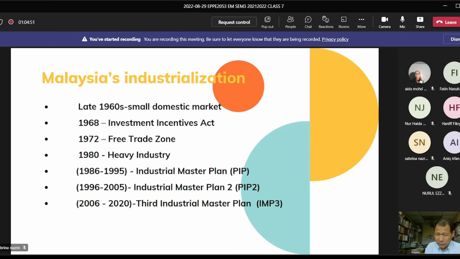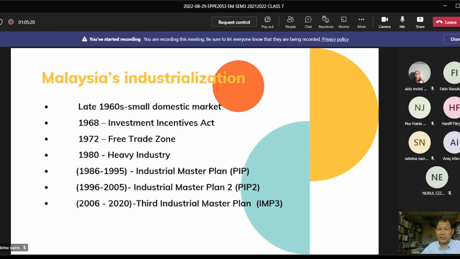So we learn also that import substitution is a temporary policy to help companies operating domestically, to help them grow so that they can stand on their own by having protection.